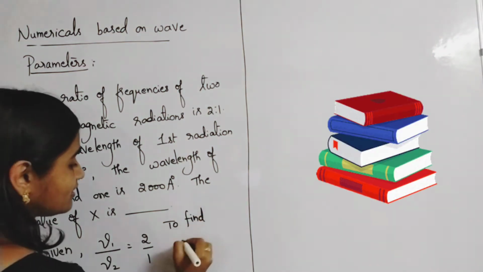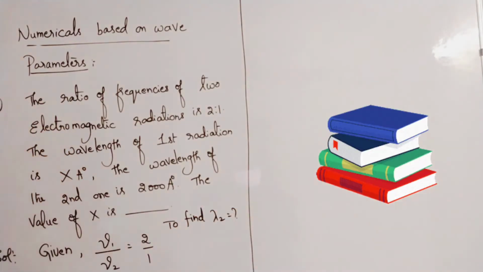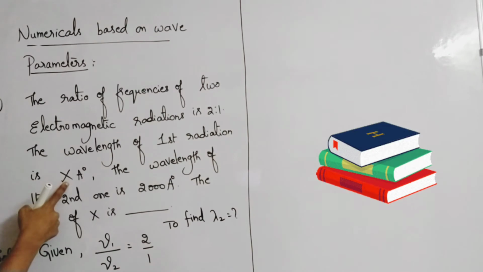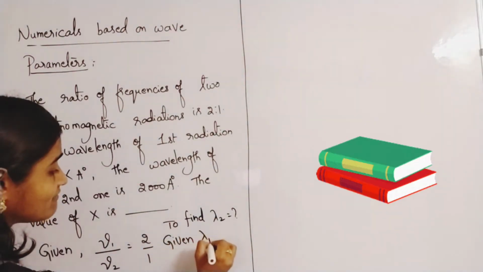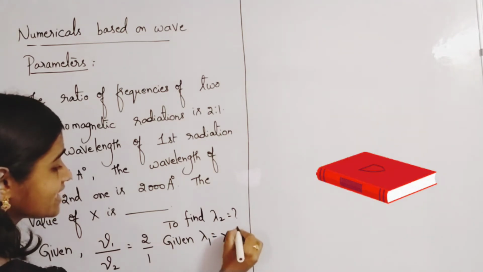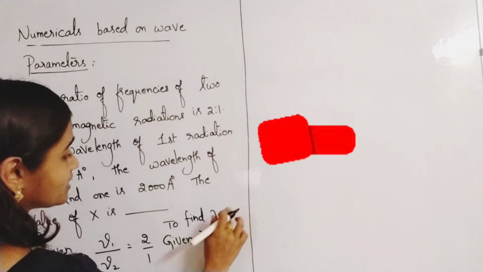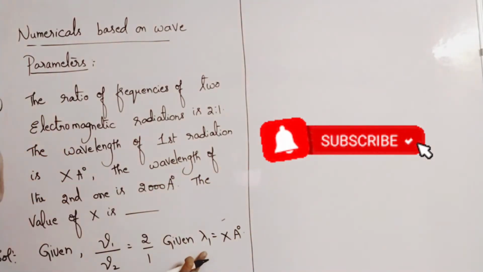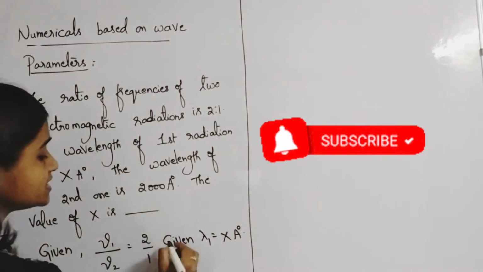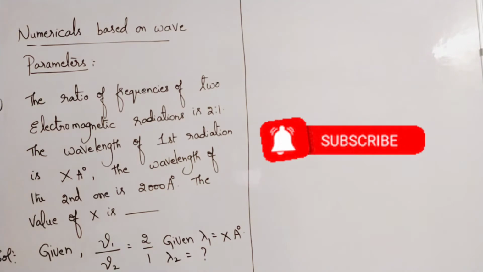For the first radiation, it is given that lambda 1 is X angstroms, and lambda 2 is 2000 angstroms.